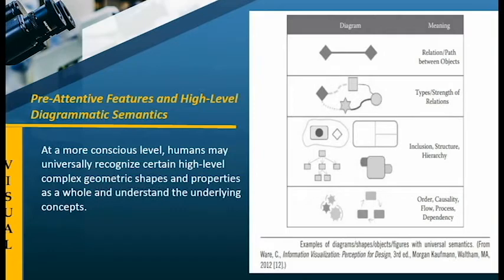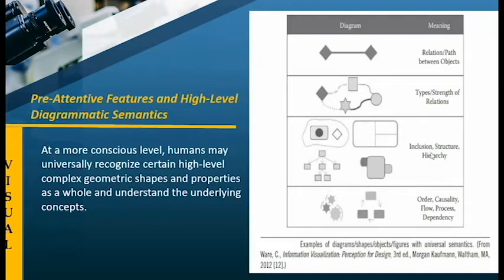At a more conscious level, humans may universally recognize certain high-level complex geometric shapes and properties as a whole and understand the underlying concept. So we have here some examples of diagrams, shapes, objects, or figures with universal semantics. Earlier, the diagram is used for relation, path between objects. Then we have types and strength of relations.